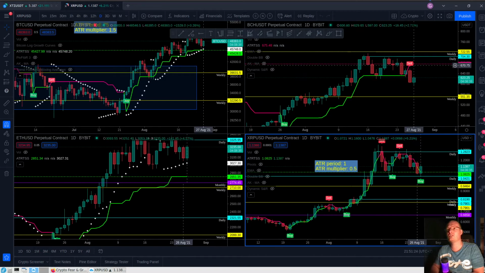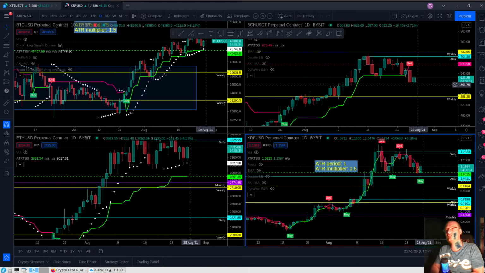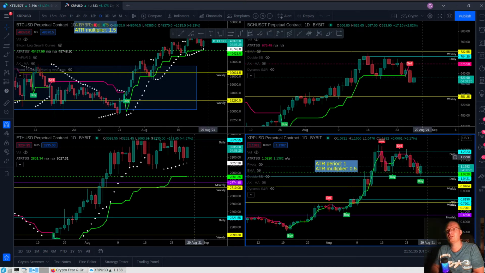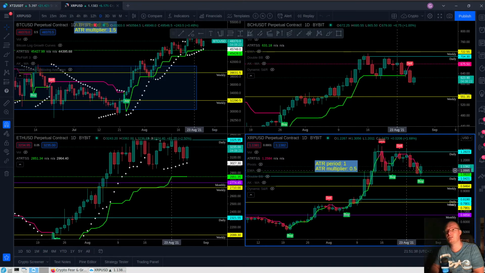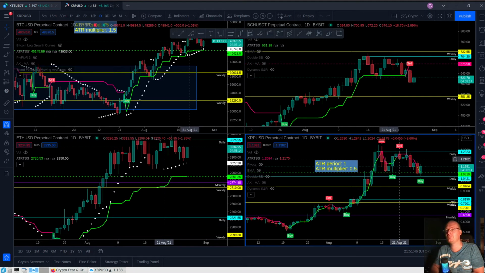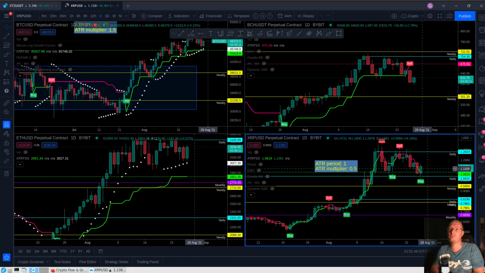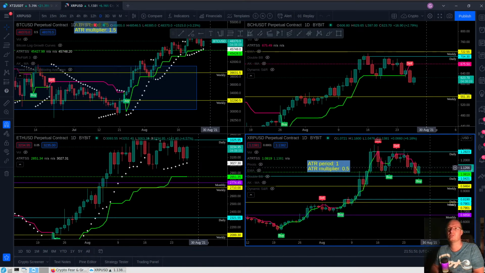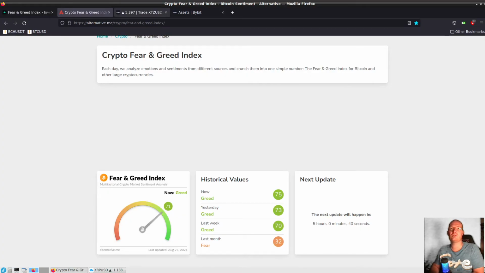Bitcoin Cash, we got a sell signal yesterday, so we are in a short, and unfortunately price did go up 2.71%. So for now we're also in a loss. And then XRP, we got a sell signal over here on the 21st. Now we get a buy signal which is lower than the point where we entered, so today we should end in some profit. So let's have a look.